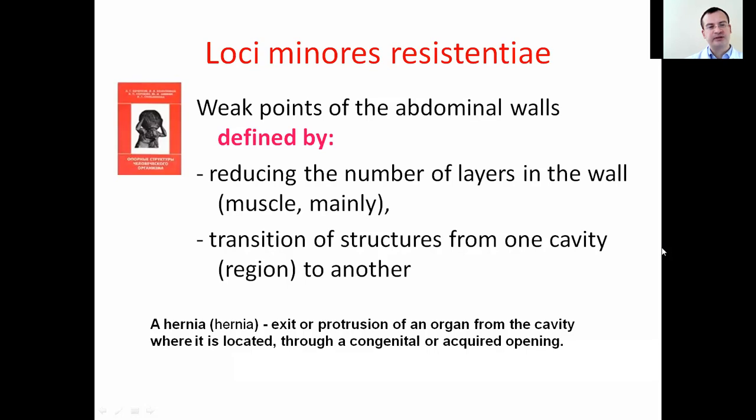They are defined by a reduced number of layers in the wall, muscles mainly, and the transition of structures from one cavity to another. A hernia is an exit or protrusion of an organ from the cavity where it is located through a congenital or acquired opening.